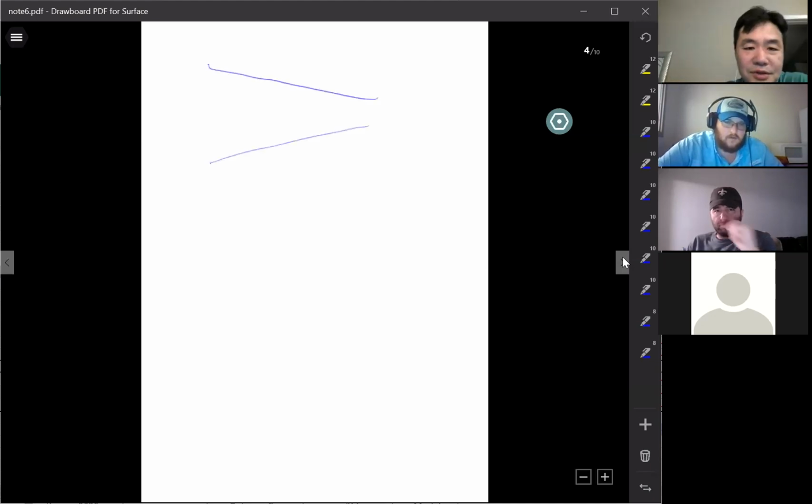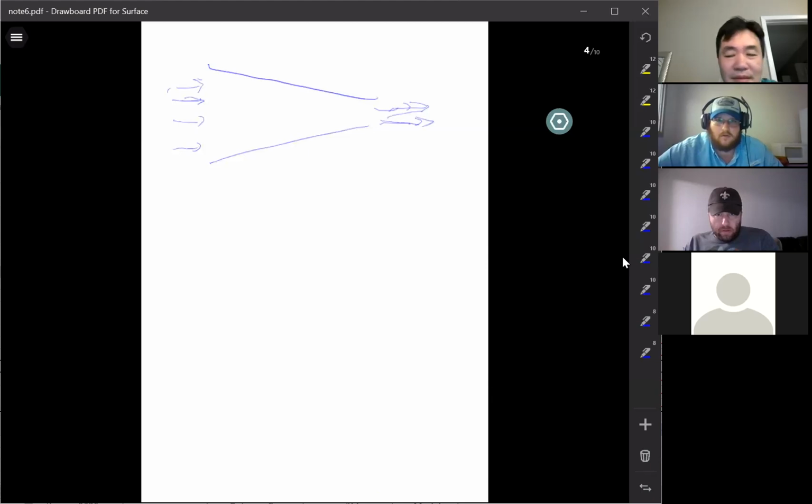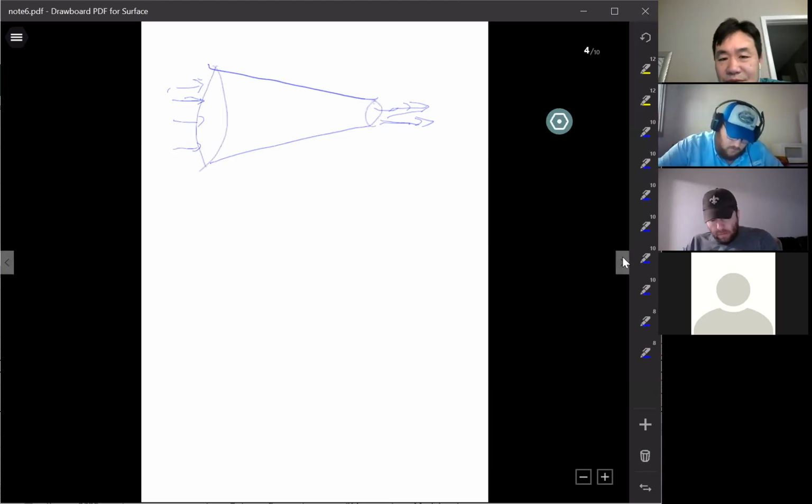The flow comes in from here and flows out through here. Educated guess, we haven't reached that point yet, but do you know if the velocity is increasing or decreasing going through this nozzle? Increasing, right? The area is smaller, the flow rate has to be the same, so if the area is smaller, the speed is increased.